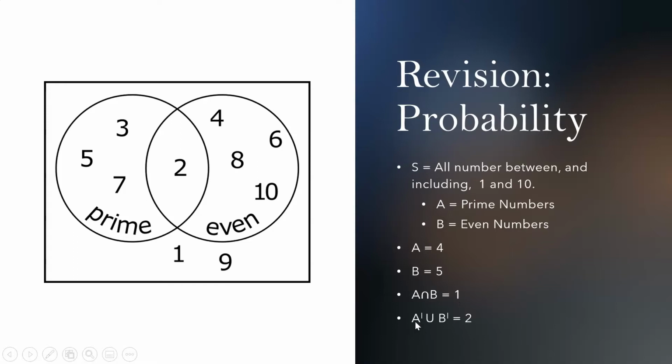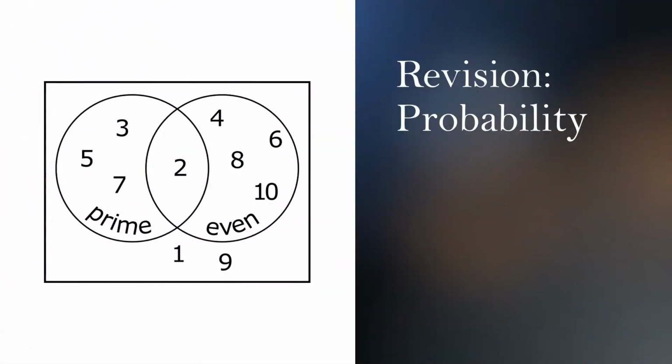And outside the union of A and B, the complements, we've got 2 values. And our total universal set had 10 values, because we were going from 1 to 10.